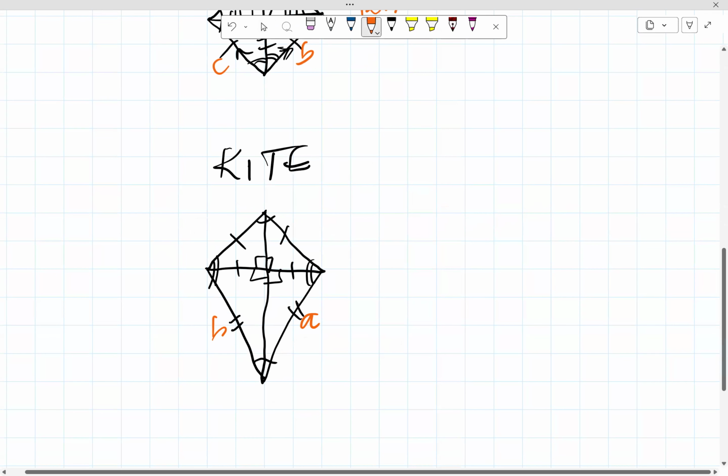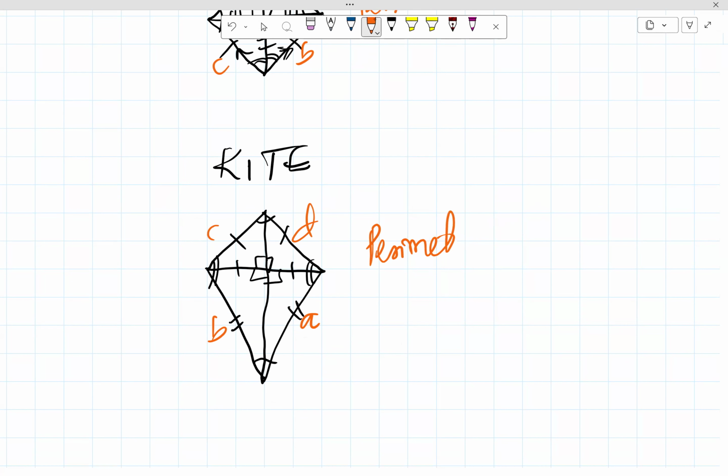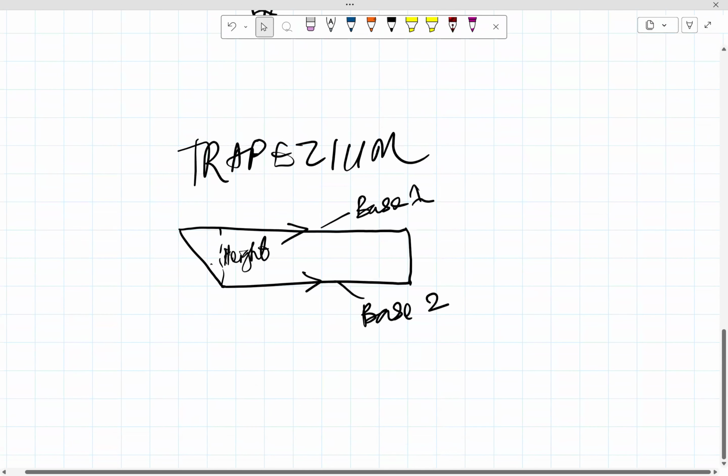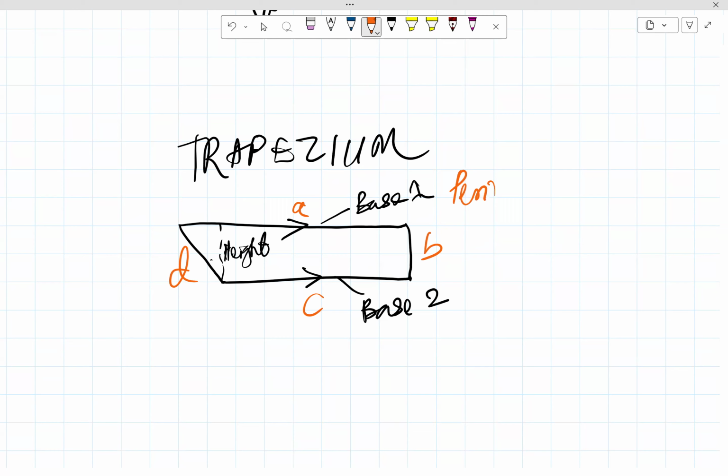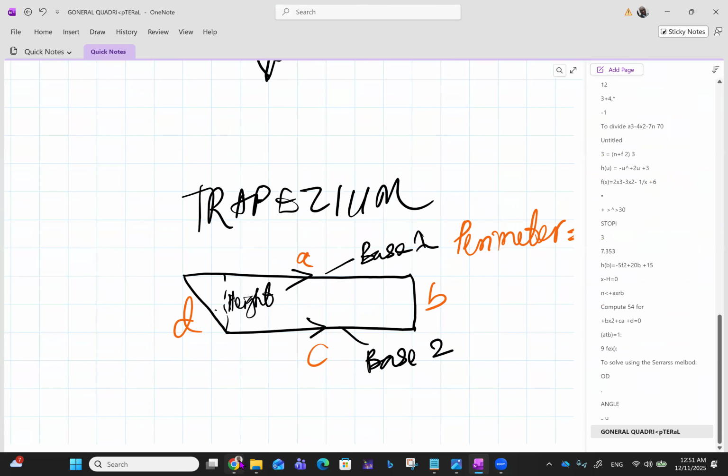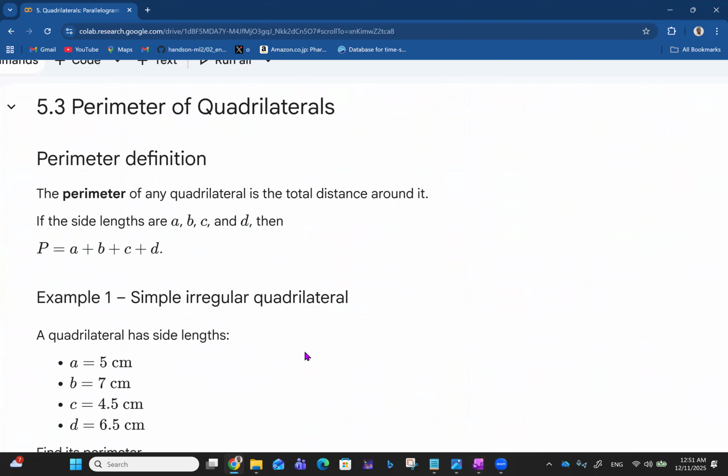You have A, B, C, D, and the perimeter is equal to A plus B plus C plus D. Talking about a trapezium too, where you have A, B, C, D, the perimeter is still the same: A plus B plus C plus D. So for any quadrilateral, the perimeter is simply the sum of the lengths of each of the sides.